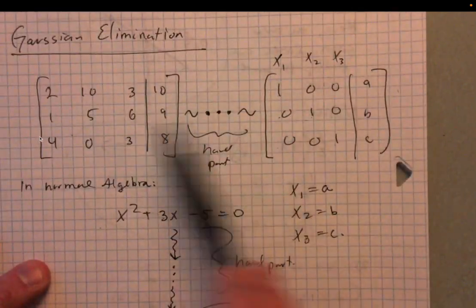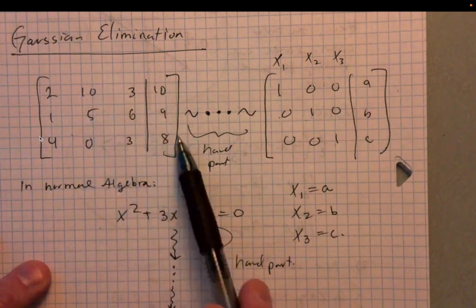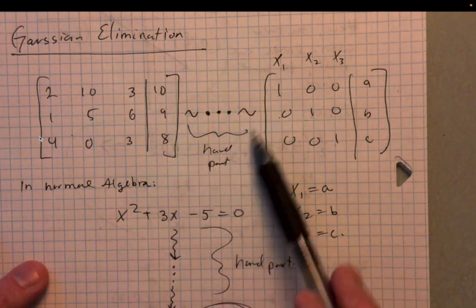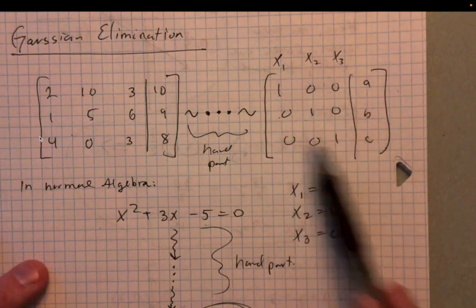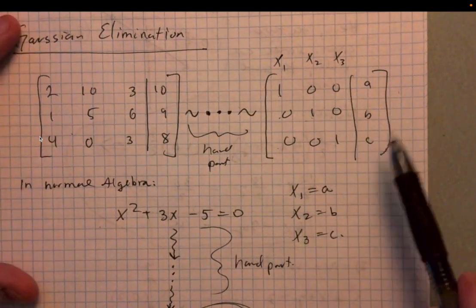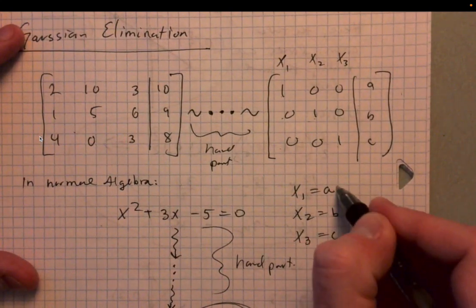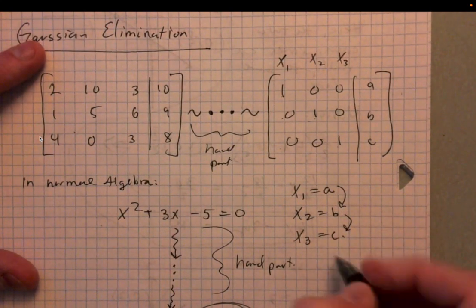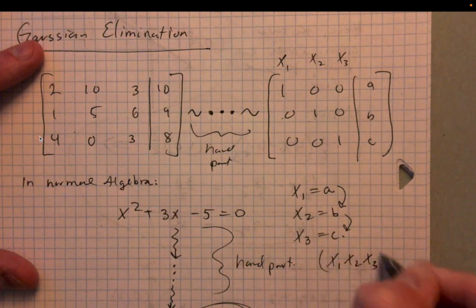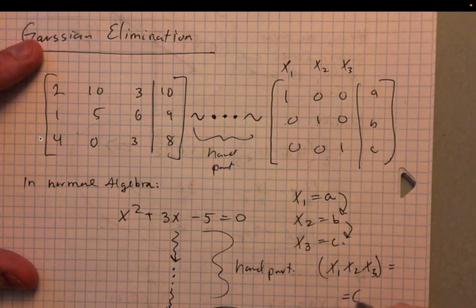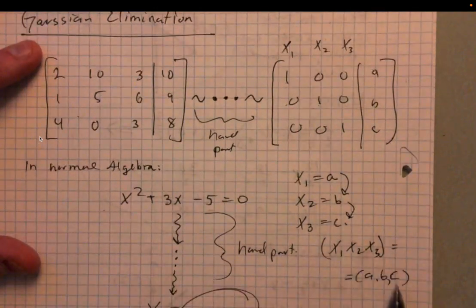You're doing the same thing here. You're taking this augmented matrix and converting it, step by step, into an equivalent augmented matrix. So what does this tell you? You can see that your solution x1, x2, x3 is equal to A, B, and C. You can just read them right off.